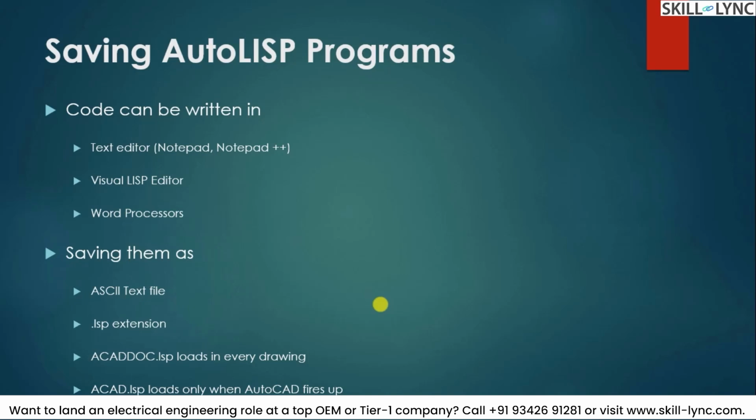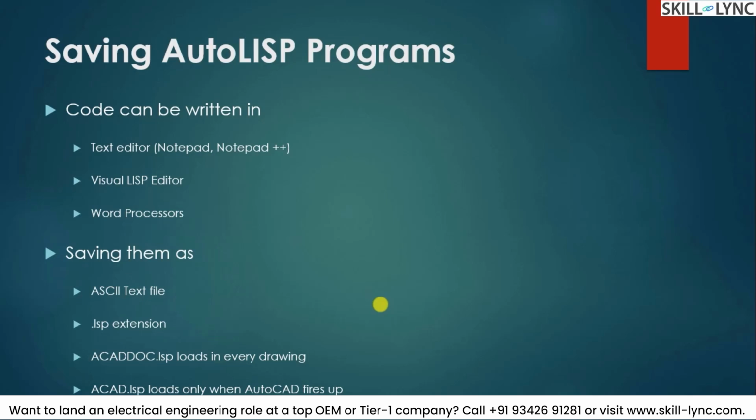So here you can save them either as an ASCII text file or with a .lsp LISP extension. Also, if you use the acaddoc.lsp, then it will make sure that this LISP function gets loaded in every drawing. Whereas a normal acad.lsp is loaded only when AutoCAD starts.